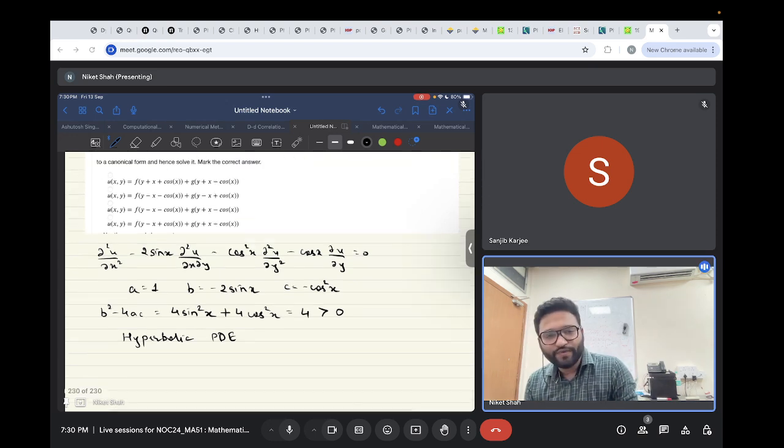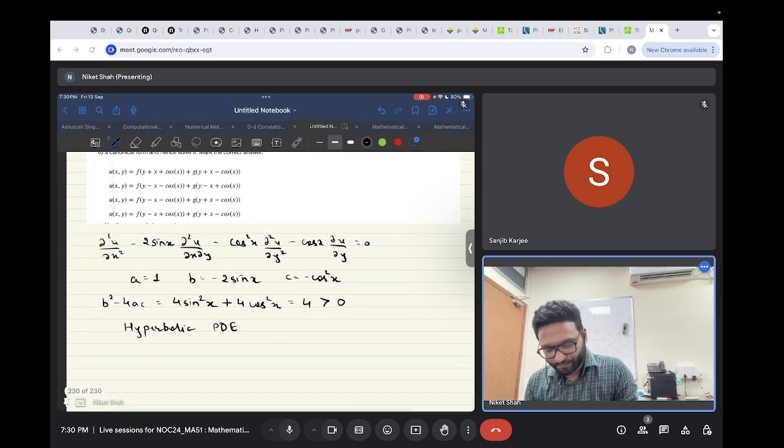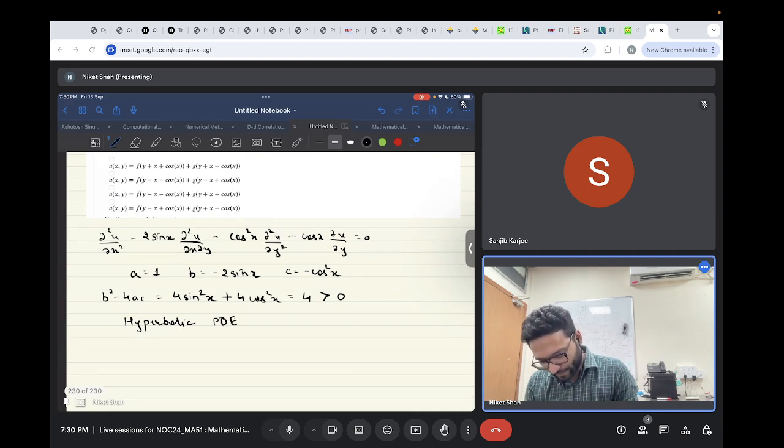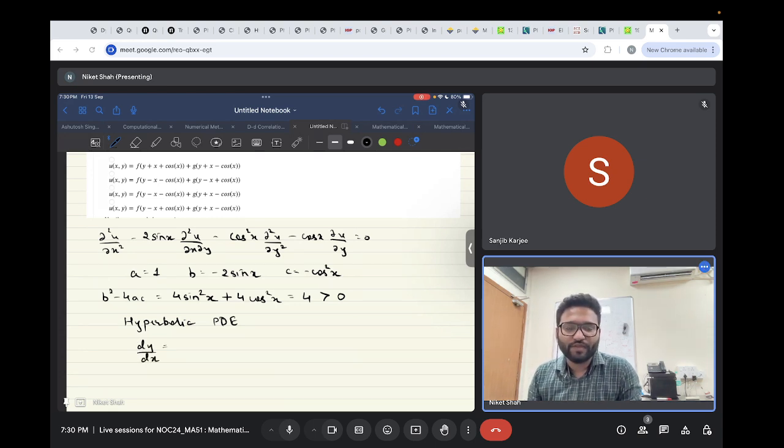Now, what do we do generally? The standard method is dy by dx is equal to minus b plus minus square root of b square minus 4ac by 2a, right? And we solve for dy by dx.